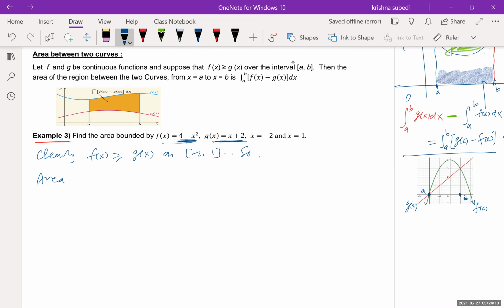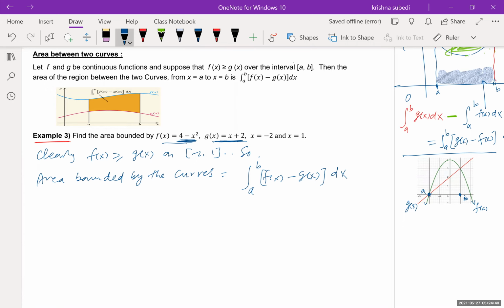Okay, so the area between the curves, or bounded by the curves, let me write area bounded by the given curves, equals the integral from A to B of f of x minus g of x dx.